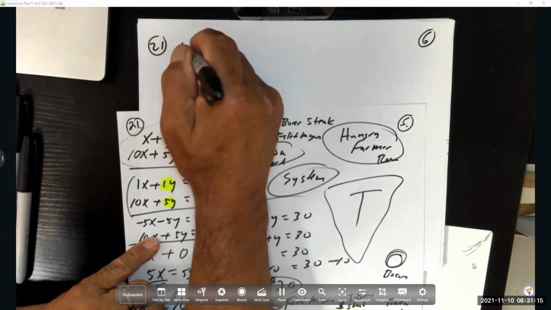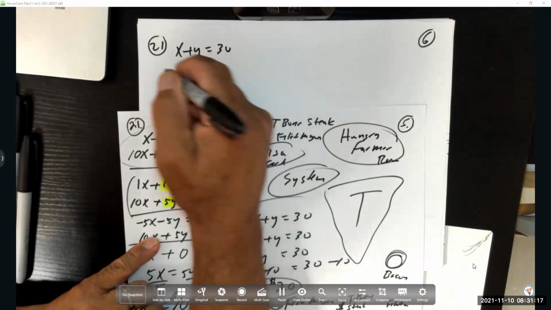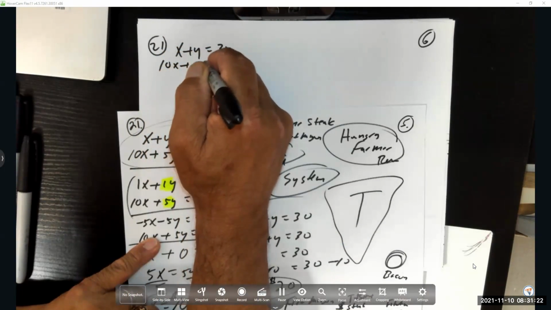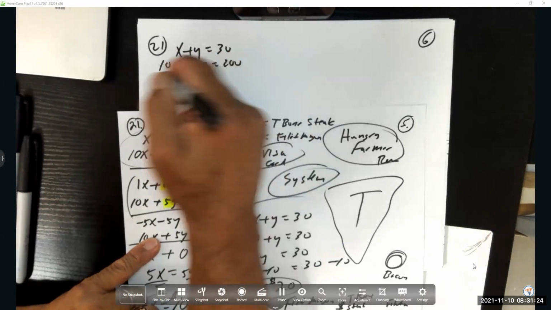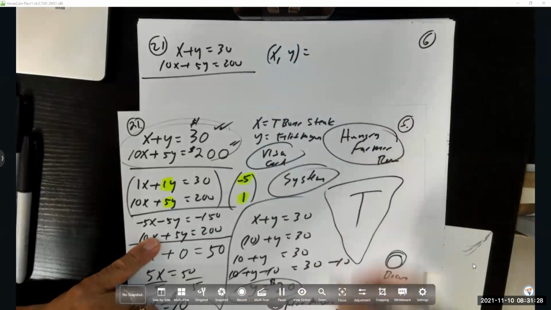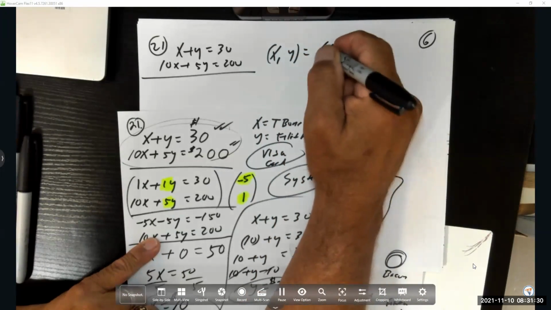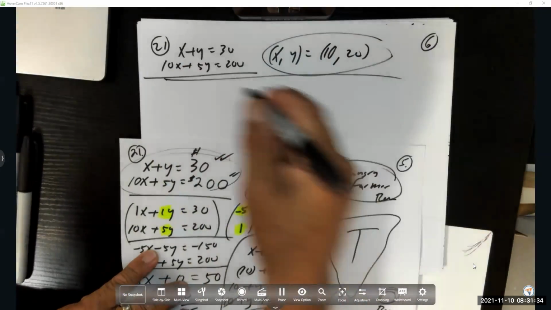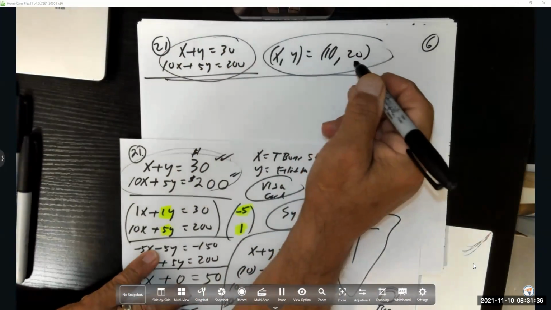Okay, let me do this again. X plus y was 30, and 10x plus 5y equals 200. We said the answer for x and y was 10 and 20. So for this problem, that's the answer right there: 10, 20.